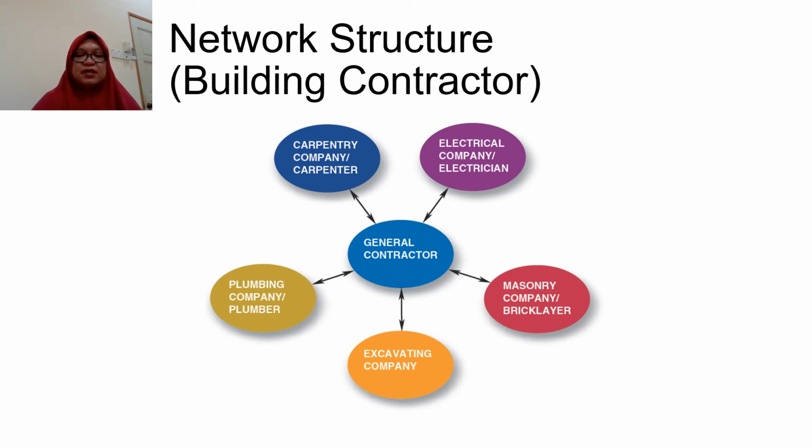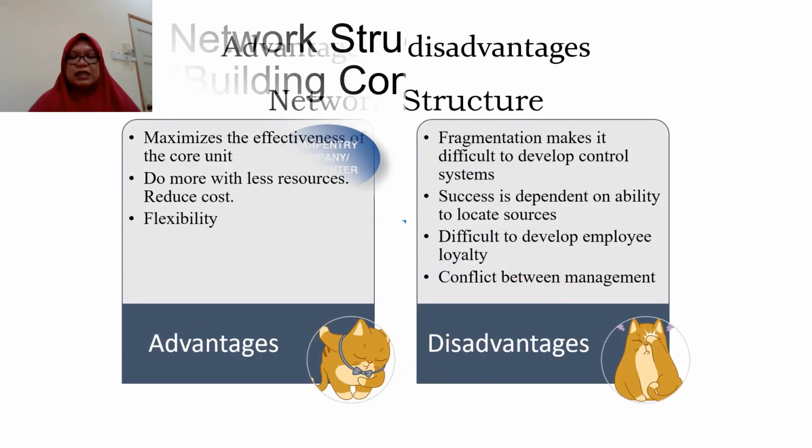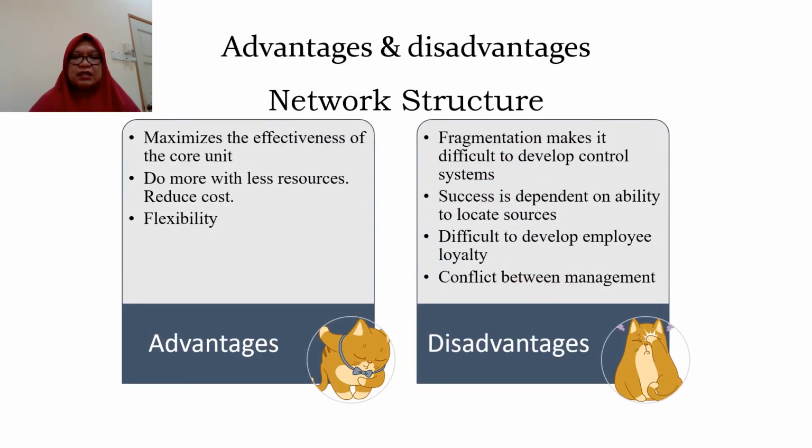For example, he needs the electrical company, carpentry company, plumbing company, excavating, and for the bricklayers, the masonry company. The disadvantages and advantages you can read on your own.